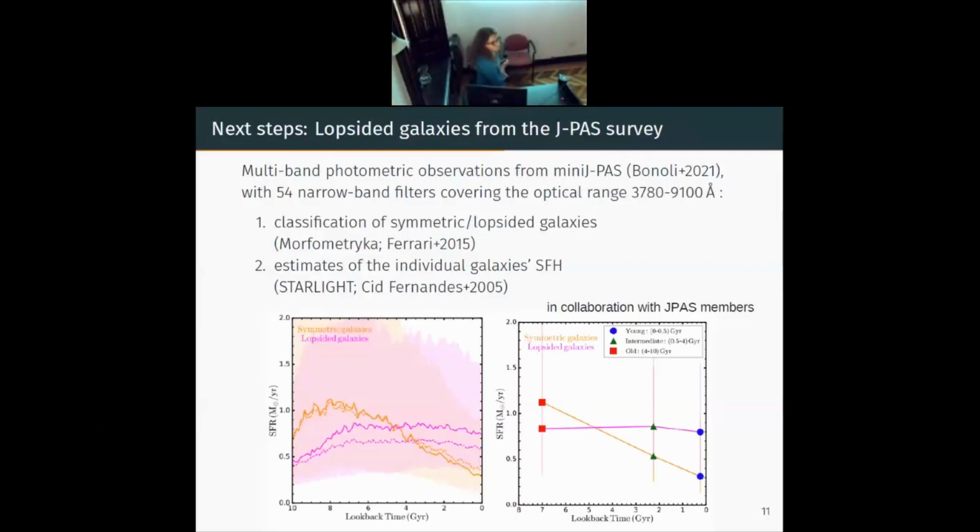This project is currently ongoing in collaboration with other JPAS members, and we are currently looking at how to classify lopsided and symmetric galaxies in the observations using morphological parameters. But the end goal will be to recover the star formation rates and star formation histories of the galaxies in the observations to verify our theoretical predictions.